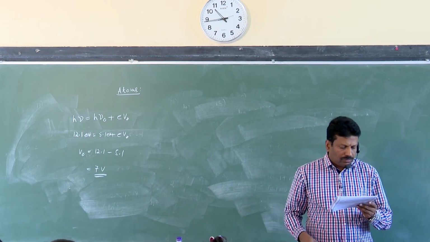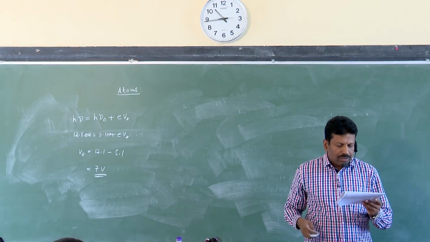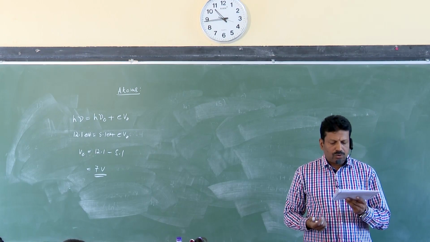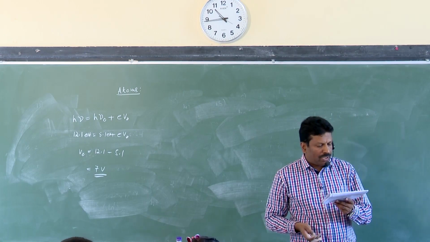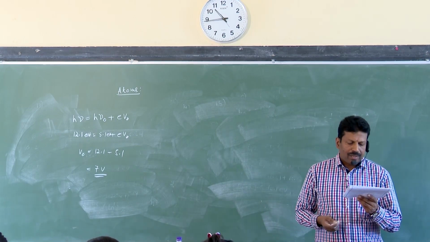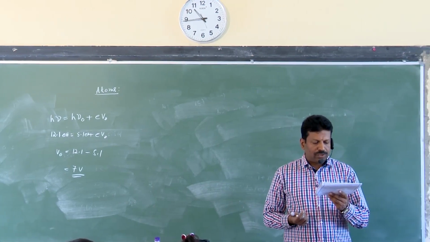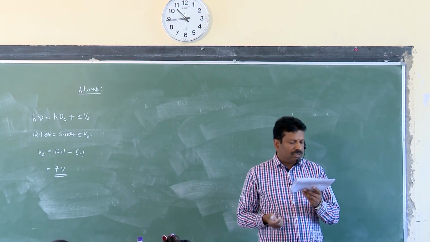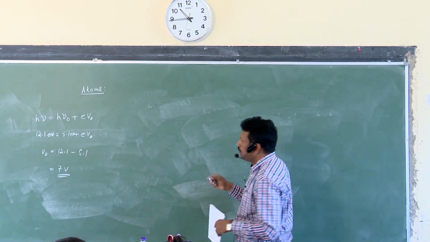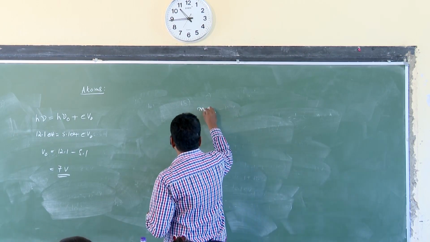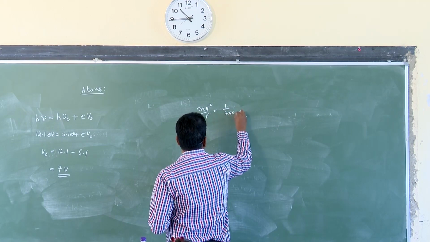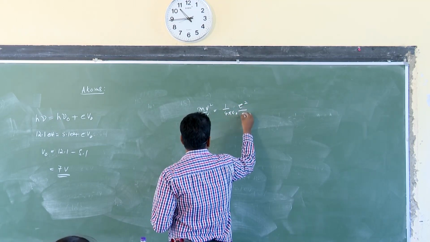In the Bohr model of hydrogen atom, the centripetal force is furnished by the Coulomb attraction between the proton and electron. If A0 is the radius of the ground state orbit, m is the mass and e is the charge of the electron, and epsilon naught is the vacuum permittivity, find the speed of the electron. So we know this equation, mv squared by r is equal to e squared by A0, correct?